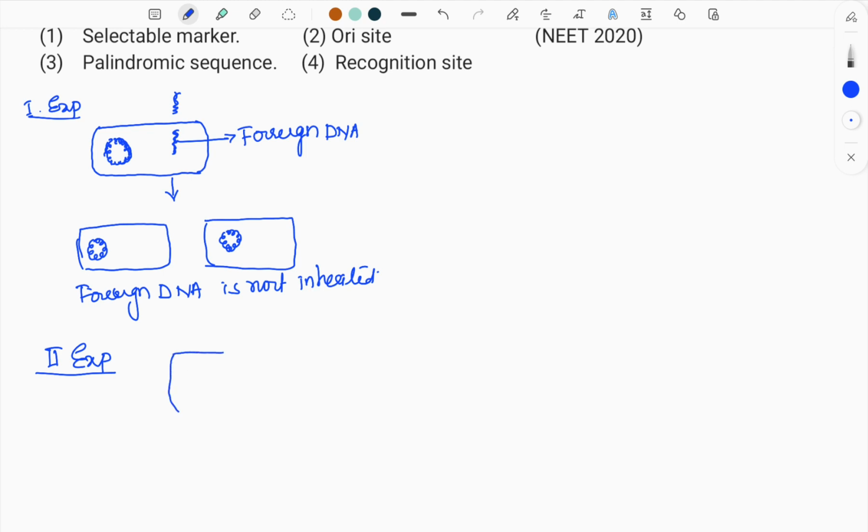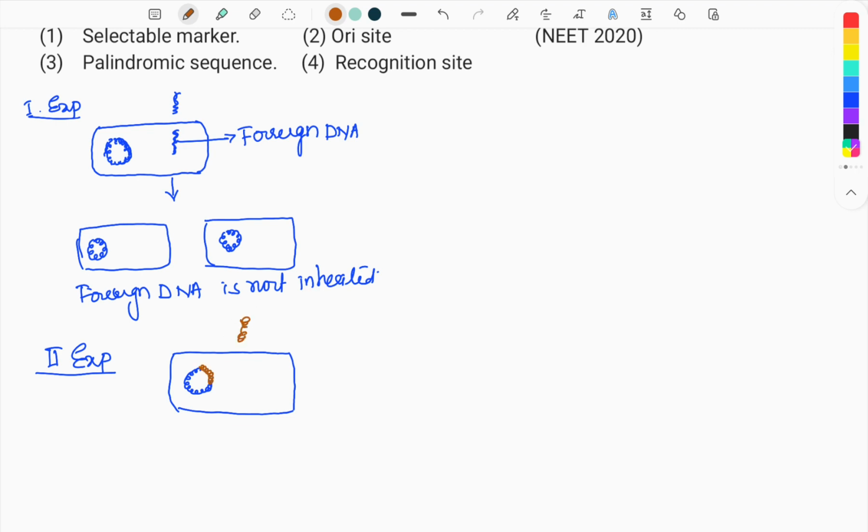Here, also we take the bacteria, and in this bacteria, we insert the foreign DNA inside its genophore. Let us suppose this is the genophore we have inserted here.